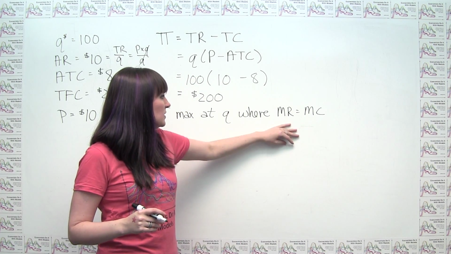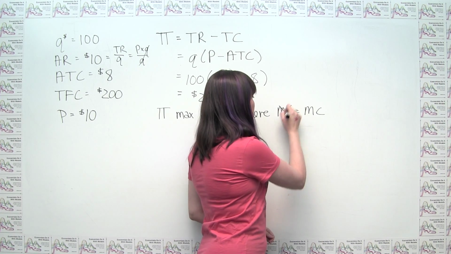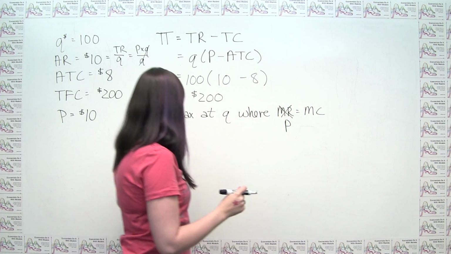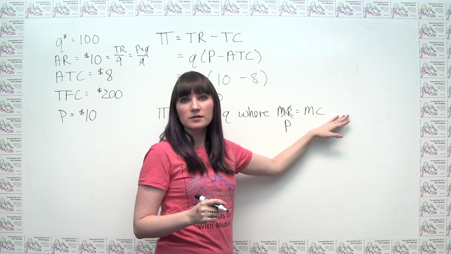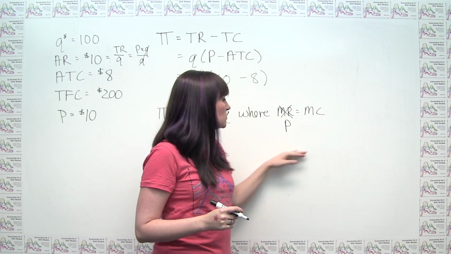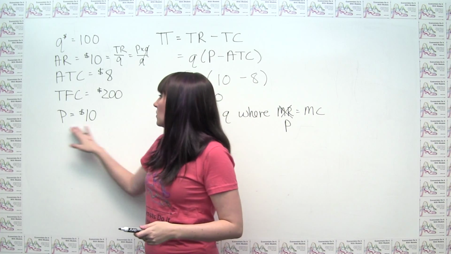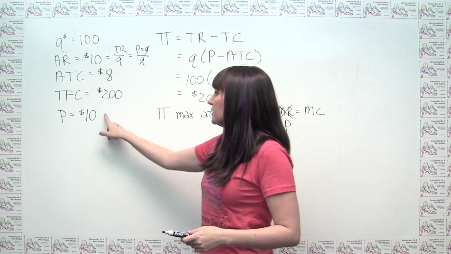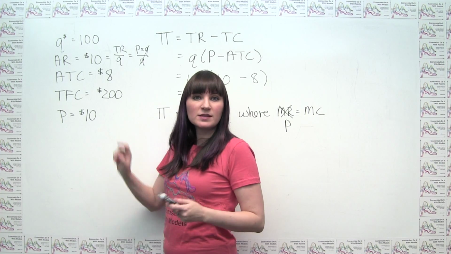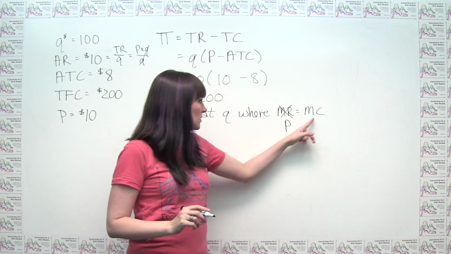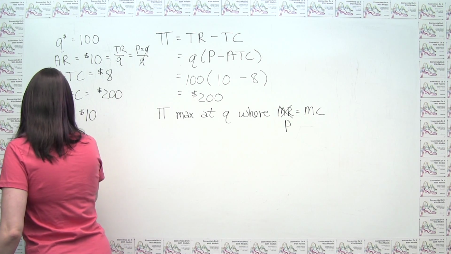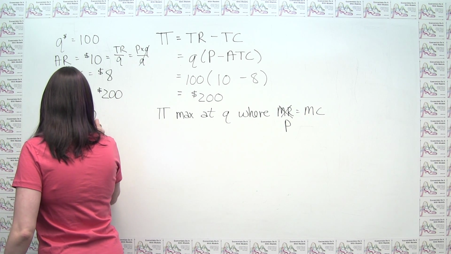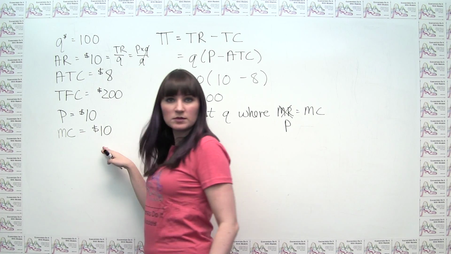So in our competitive market, our profit is maximized at the quantity where price is equal to marginal cost. We already figured out what the price was. So it must be the case, if we're profit maximizing, that our marginal cost at this quantity also equals $10.